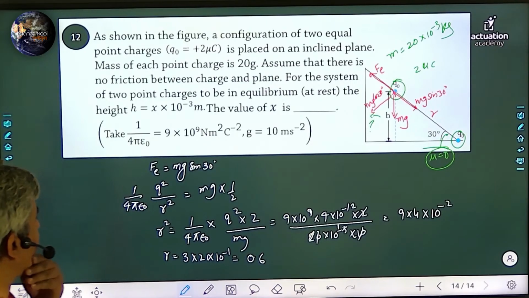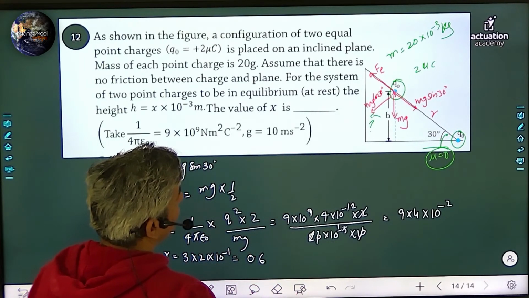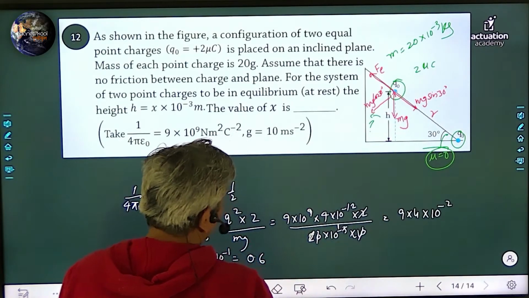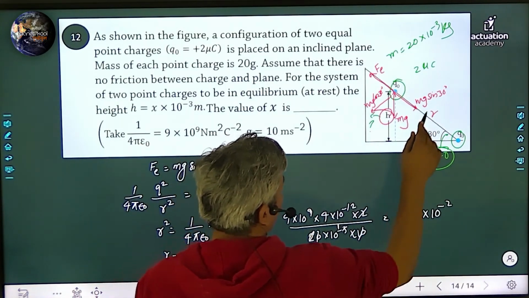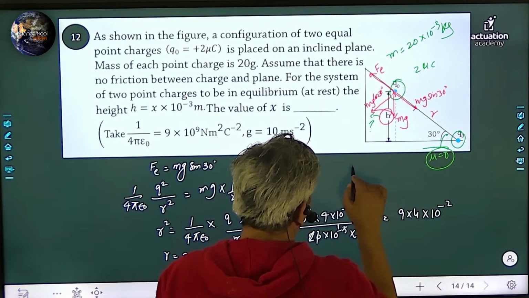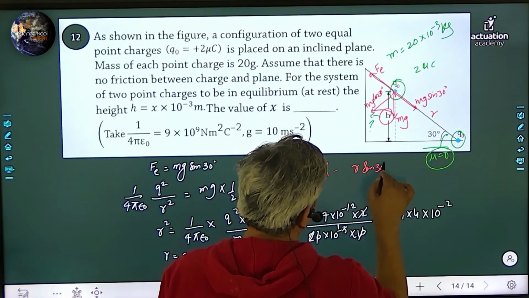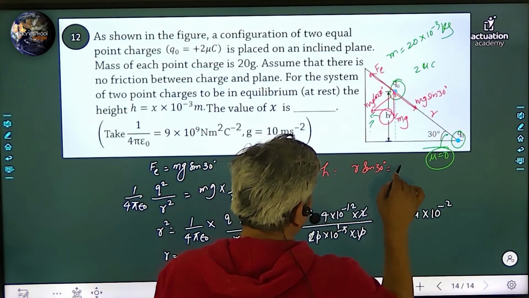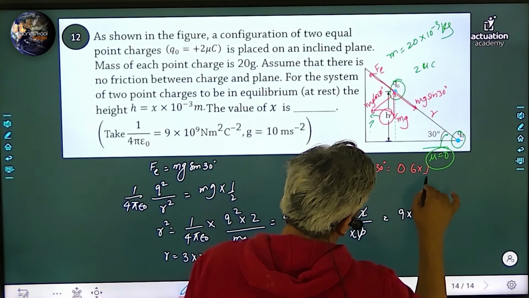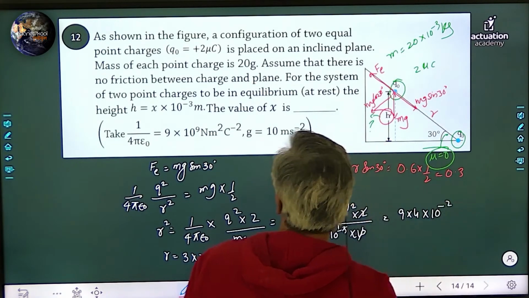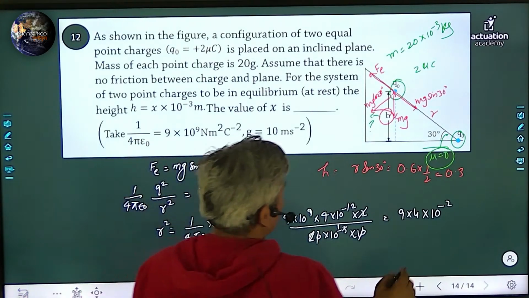So this is r, but we have to find out the value of h here. From this triangle, we can easily make out, we know r, so h is equal to r sine 30. Whereas r is 0.6, sine 30 is 1 by 2, this will become 0.3, which is 3 into 10 raised to power minus 1.